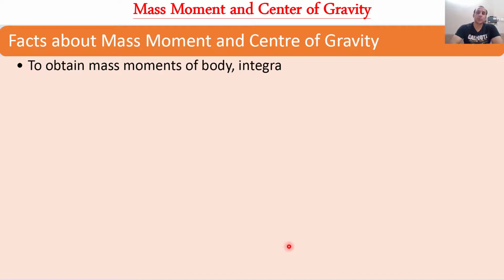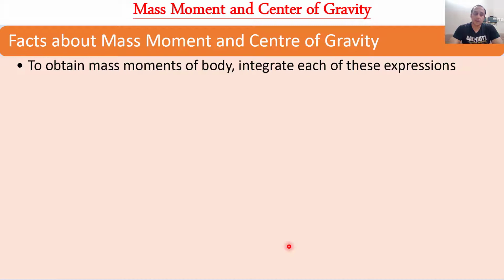To obtain the mass moment of the body, we need to integrate the equation we just have, because in that equation we did not consider the whole part or the link or the body. We just considered a differential part of it.